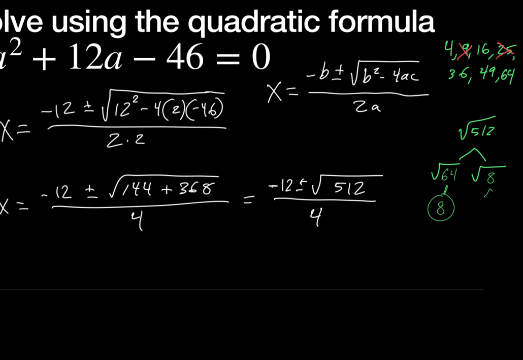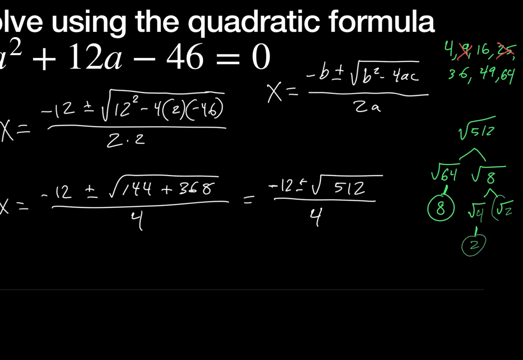And then I can go, oh, all right. 8, do I know a number that goes into 8 that I know the square root of? Yep, looking up here, 4 goes in there. That's one of my numbers. 4 times 2 is 8. And I know the square root of 4 is 2.